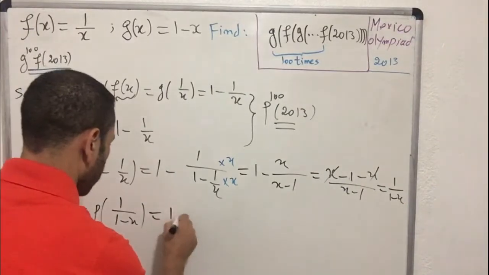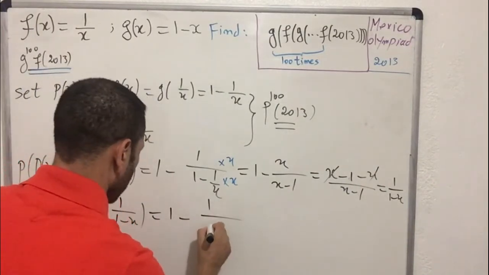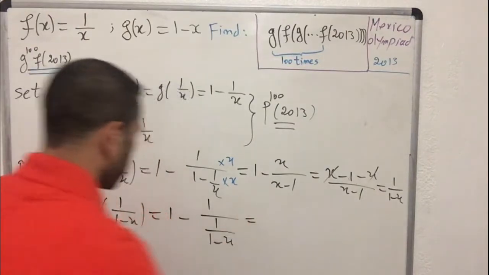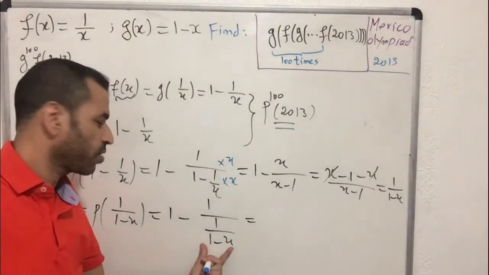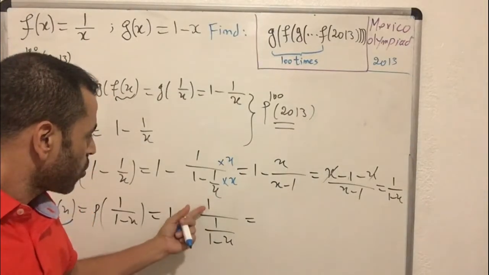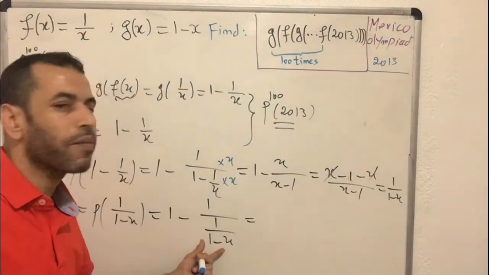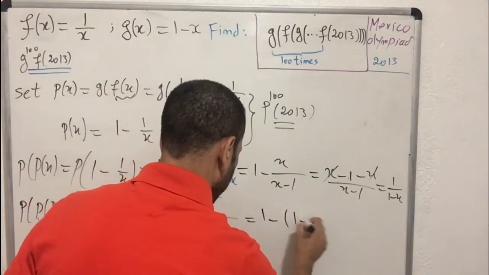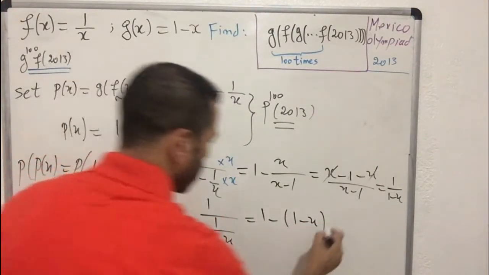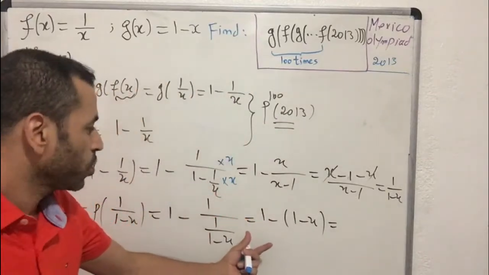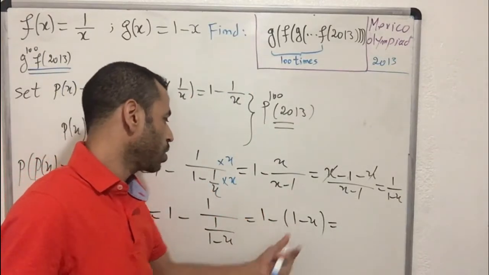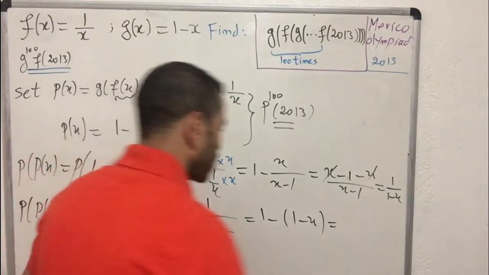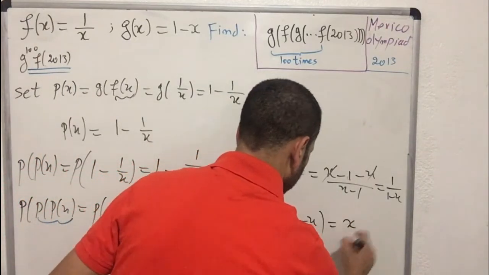I will have 1 minus 1 over 1 minus x. The second fraction is the reciprocal of 1 minus x, which is 1 minus x. I cancel out the number 1 because I have 1 minus 1. I will have minus multiplied by minus x, which gives x.